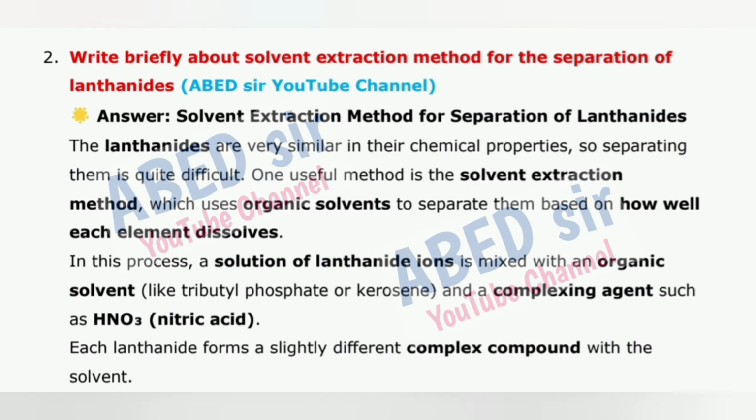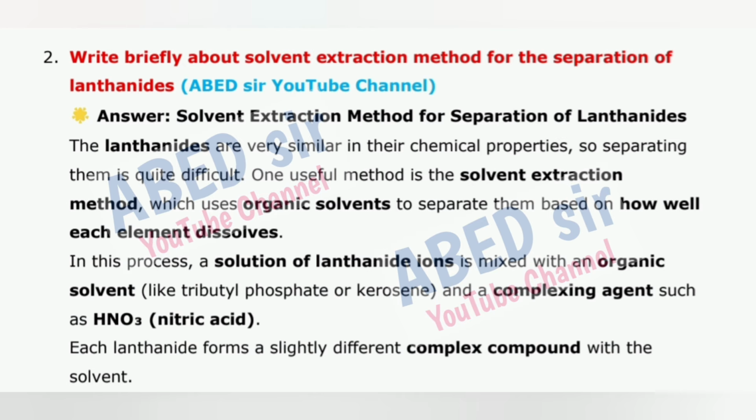One useful method is the solvent extraction method, which uses organic solvents to separate them based on how well each element dissolves. In this process, a solution of lanthanide ions is mixed with an organic solvent, like tributyl phosphate or kerosene, and a complexing agent such as HNO3, nitric acid.